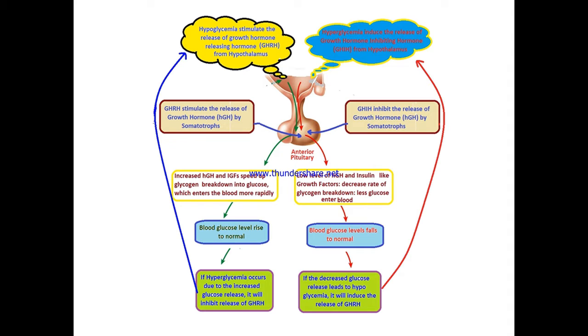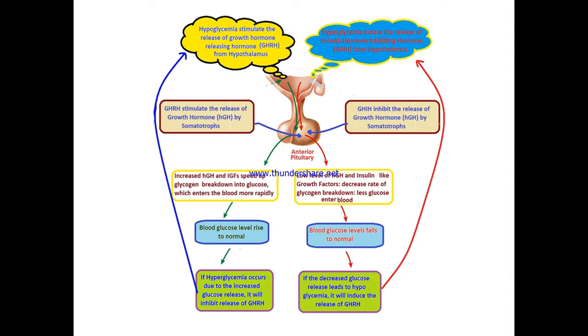The start is hypoglycemia. It stimulates the release of growth hormone releasing hormone, GHRH, from the hypothalamus. This growth hormone releasing hormone stimulates the release of growth hormone by the anterior pituitary.